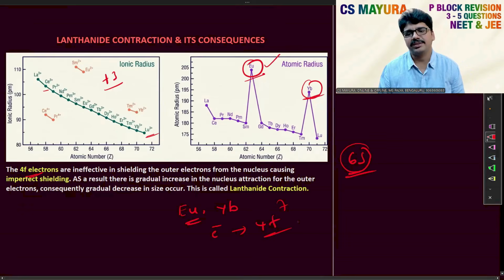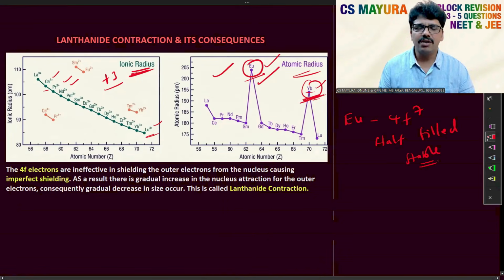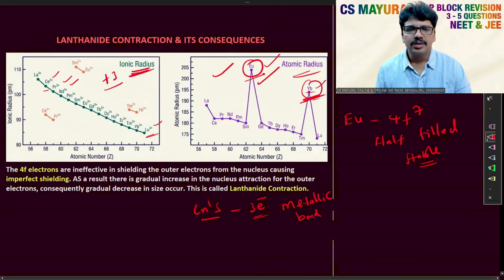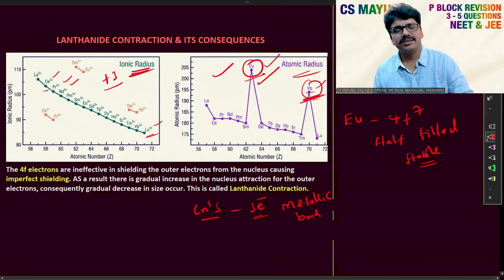This is a stable configuration. Generally in lanthanides, 3 electrons are involved in metallic bonding. Each atom is giving 3 electrons.